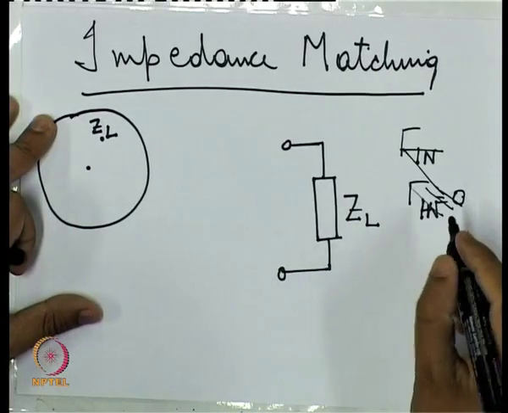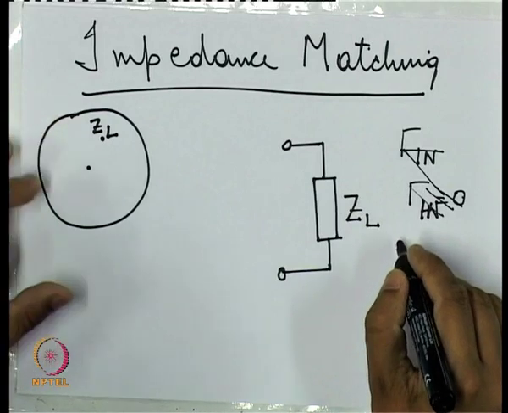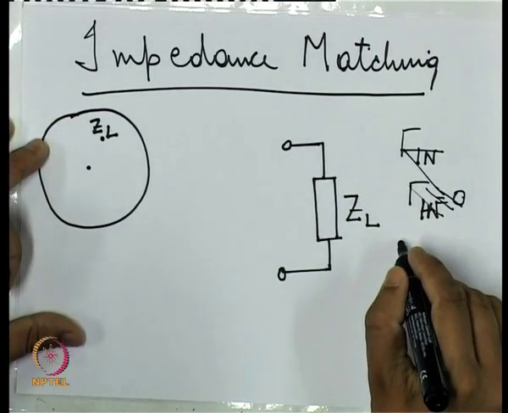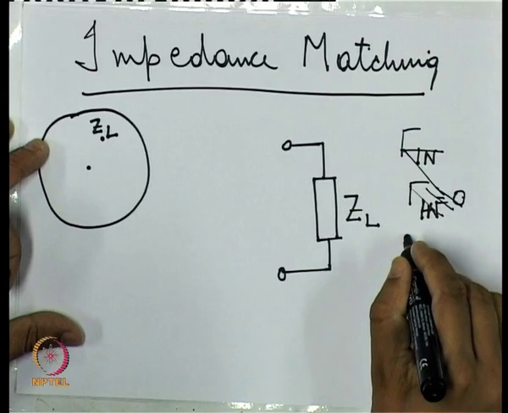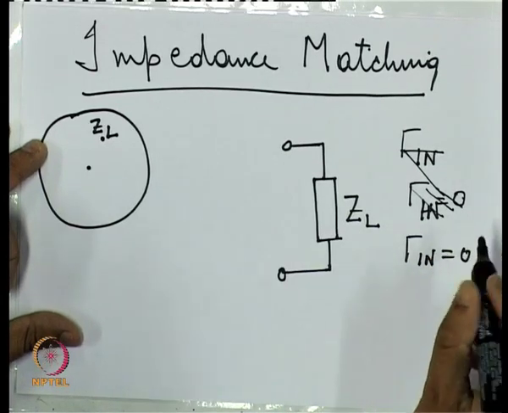So, impedance matching refers to the case when the total reflection coefficient seen at the input is 0, that is gamma in is equal to 0.